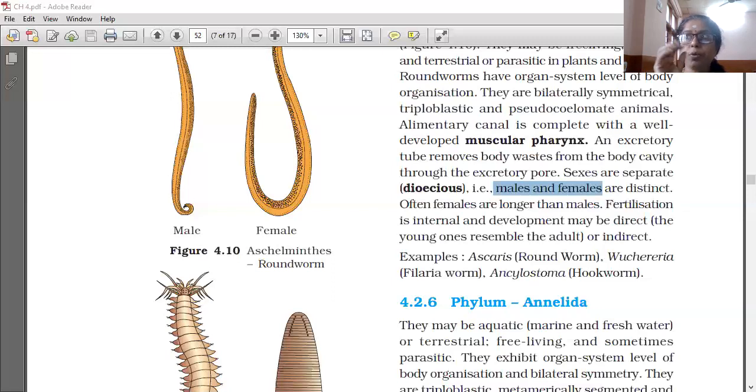One point like that you have to write at the time of the exam. Phylum Ctenophora, digestive system incomplete, intracellular and extracellular digestion.